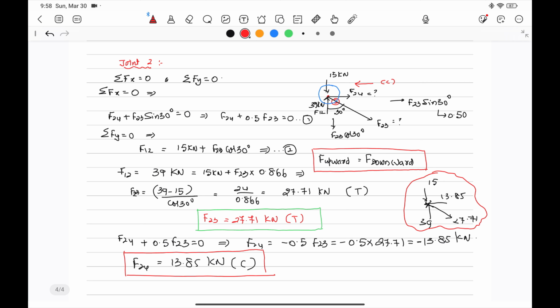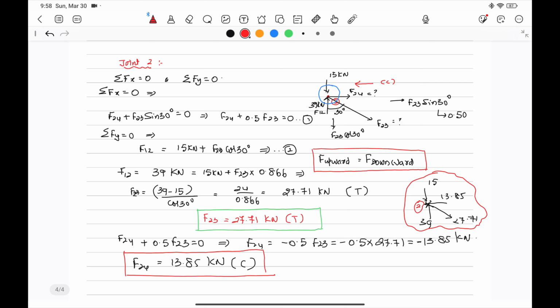Joint 2 they will take, 15 they will put as downwards, 39 they will put as upwards, so that it is known to everybody. Next, they will put 13.85 away from the joint, 27.71 towards the joint, away, towards, away, they will make. And ask you to find out the correct alternative of the free body diagram from this.